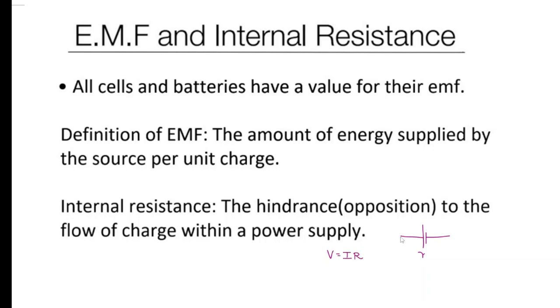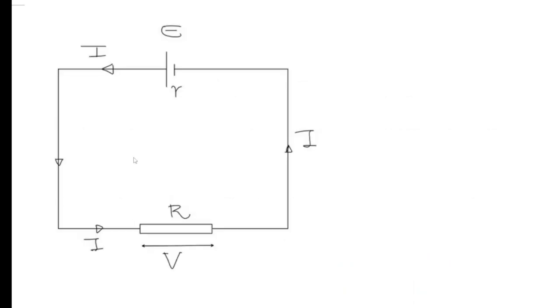And if somebody accidentally short circuits it, so that means connecting the positive and negative terminals with a conductor, this can give a really large current because there's no external resistor. The resistance of the connecting wire is relatively low, so you can get a really large current which can be dangerous. So to reduce this risk, when power supplies are made, you introduce some internal resistance as a part of its construction.